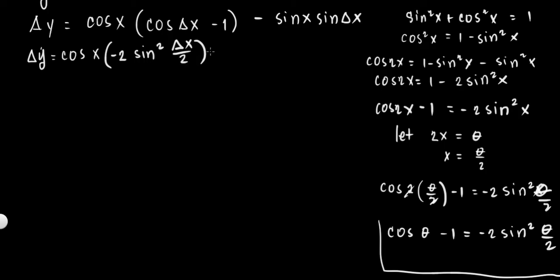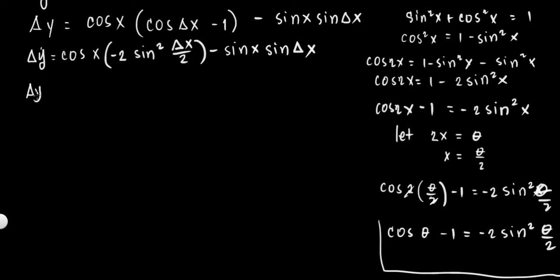There. Minus sine x times sine of delta x. Then we divide everything by delta x.